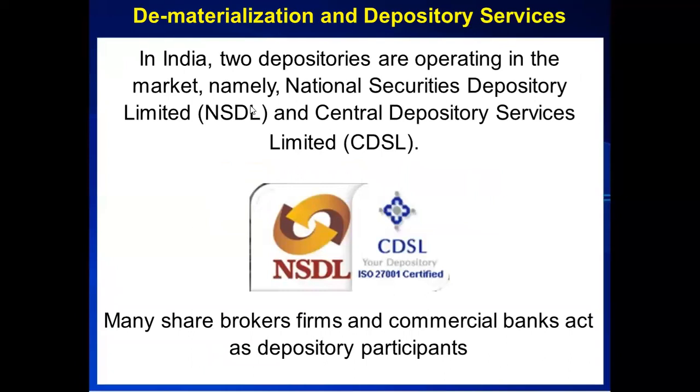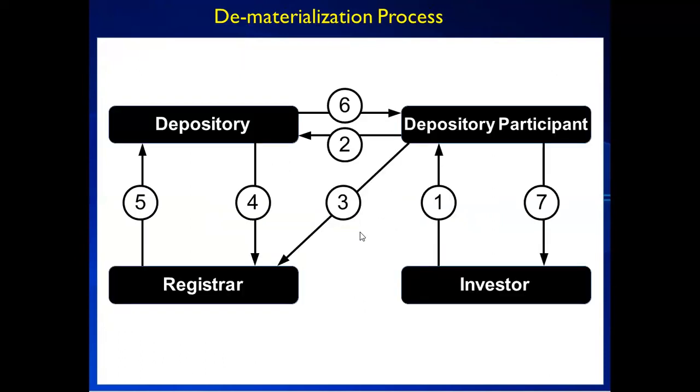In India, basically there are NSDL and CDSL, and many share broking firms and many commercial banks are also nowadays acting as depository participants. So if the question is asked, who all are the depository participants, we can write two major names, NSDL and CDSL. Apart from that, you can write names like share broker, commercial bank, etc. They all are acting as depository participants.